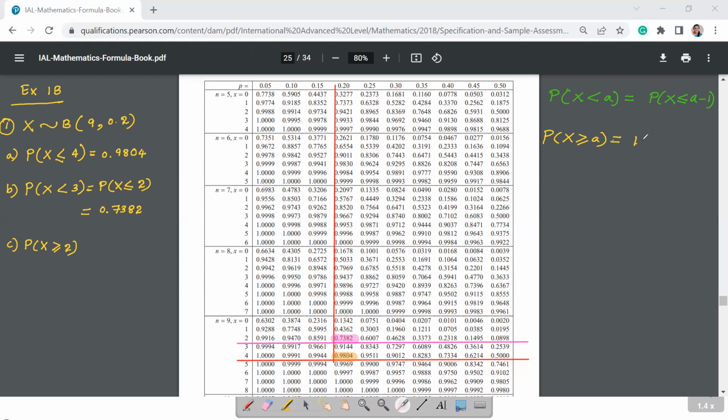That is equal to 1 minus probability x is less than or equal to a minus 1, right? Guys, do you agree with me?